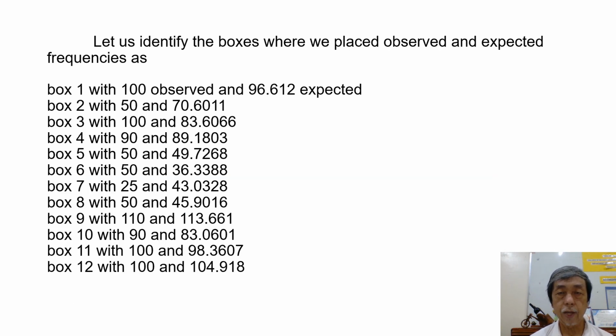Let us identify the boxes where we placed observed and expected frequencies, because for each box, we have to determine the difference between the observed and the expected. So for box 1, we have 100 observed and 96.612 expected, until we reach box 12 with 100 and 104.918.